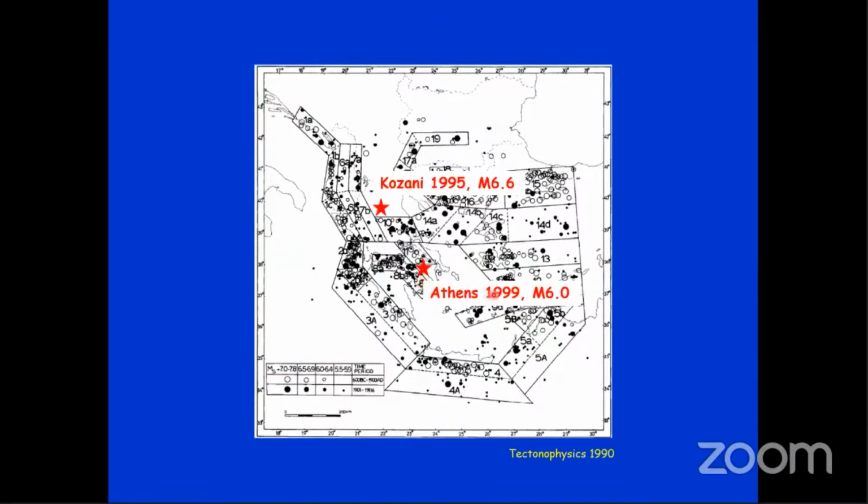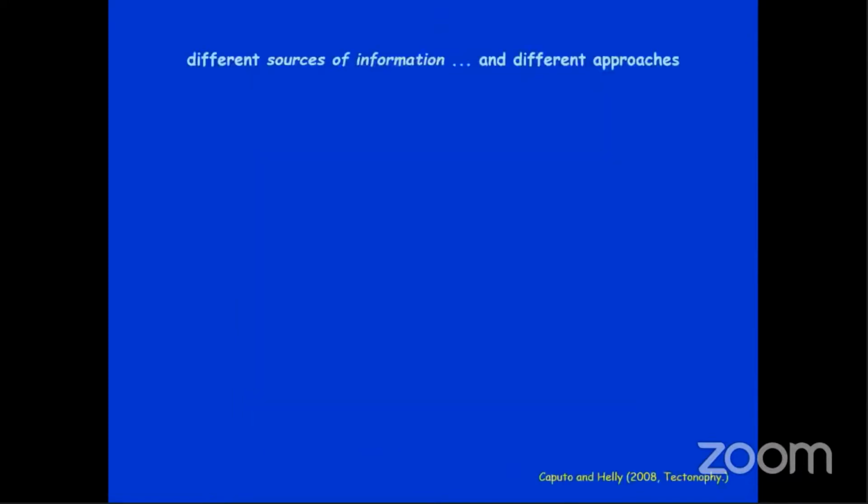Okay, think about it. This is, I would say, the smoking gun that solely historical and instrumental information is not sufficient. Now, the preliminary conclusion from these premises is that seismic hazard assessment analysis needs more, and especially complementary, information to fill this gap and to reduce this bias.